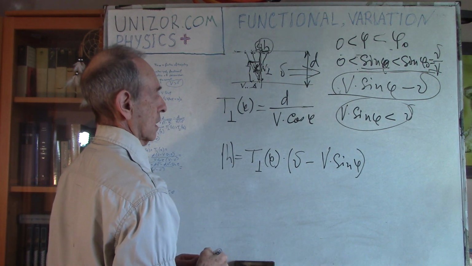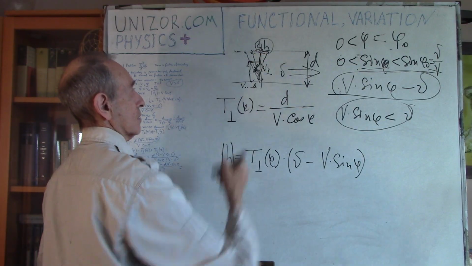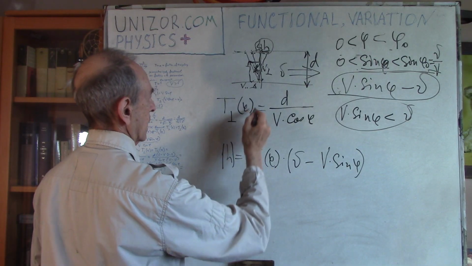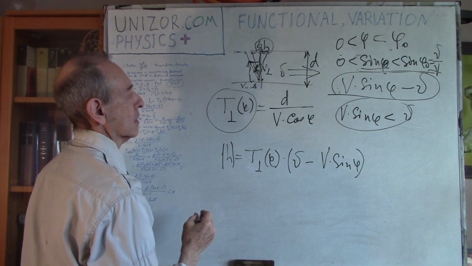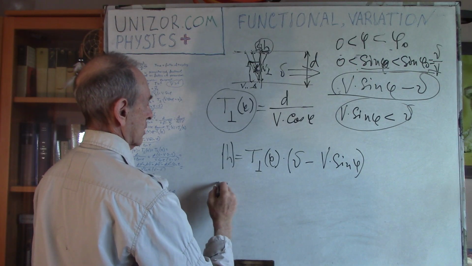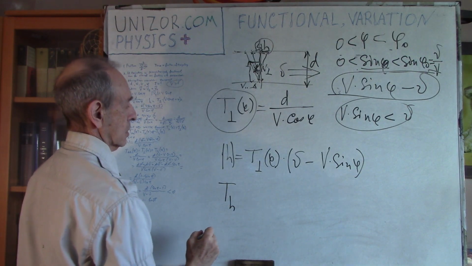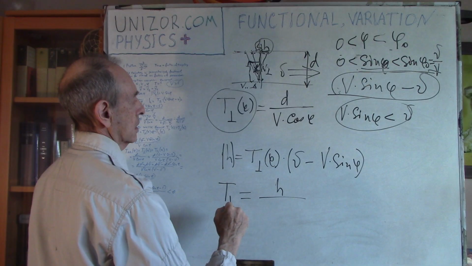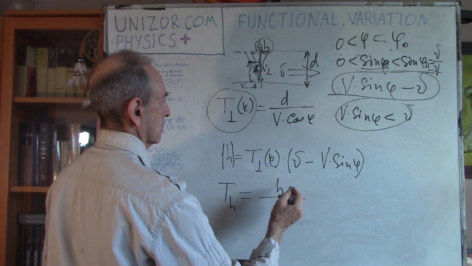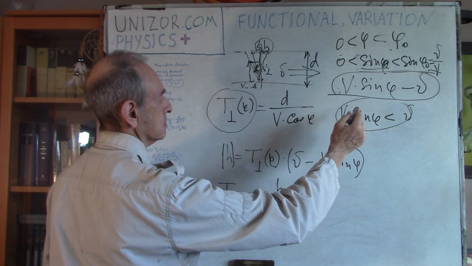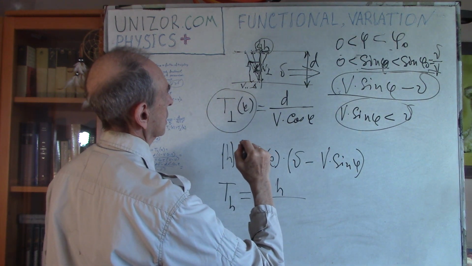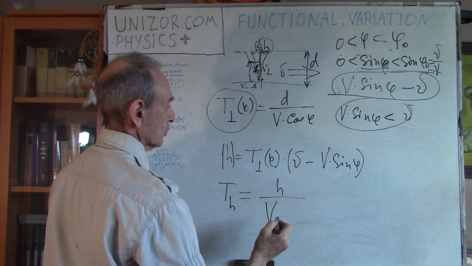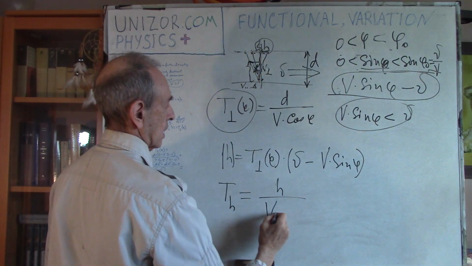Well, I have to add the time to return back to B. So if this is my time to cross the river, then I have to add time h, which is equal to h divided by the speed when I move against the current. So what is the speed? Well, it's my full speed, since I'm now moving to the left, minus the speed of the current.